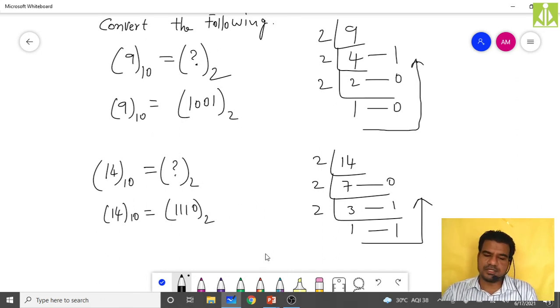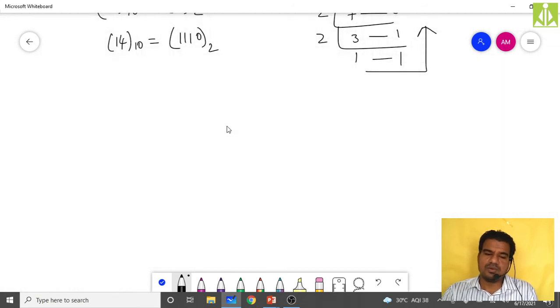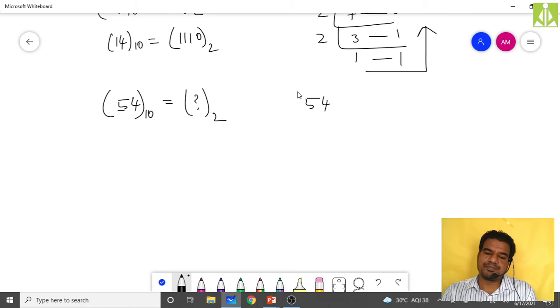Okay. Take some big value now, like 54 to the base 10, and I want to see this value in binary. Question mark to the base 2. Okay, take 54. 2 twos, 2 sevens, 2 27s, 54, remainder 0.